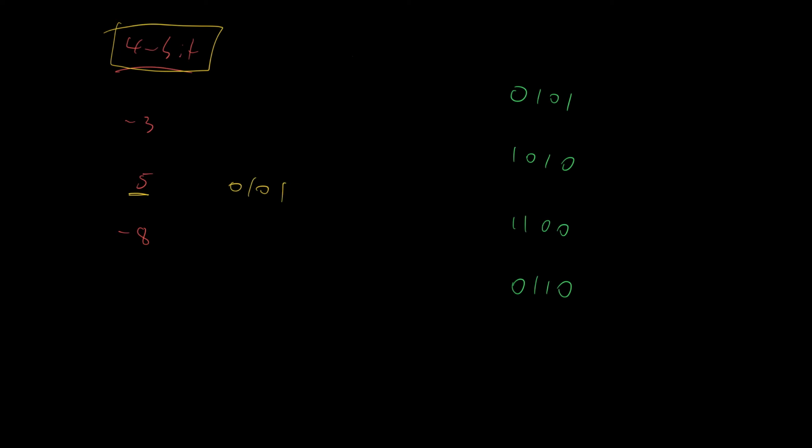The only thing to check is that the most significant bit needs to be a 0. If not, we don't have enough bits to fit this bigger number. So the number 5 can be stored as a 4-bit 2's complement number, but it cannot be stored as a 3-bit 2's complement number. It's just too big.